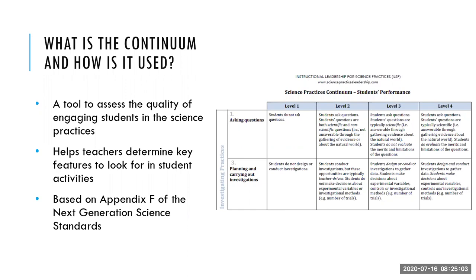There is more to each of the practices than is communicated in the continuum. However, the goal of the continuum is to focus on 1 or 2 elements for each practice that can be challenging for students, but productive for shifting to more sophisticated student engagement in the practices. Another helpful use is to come back to the continuum several times throughout the year to assess the progress of students engaging in the practices.